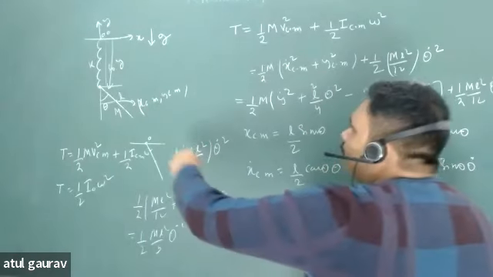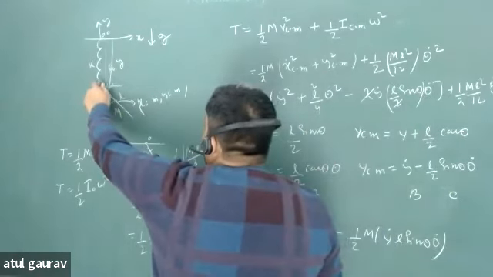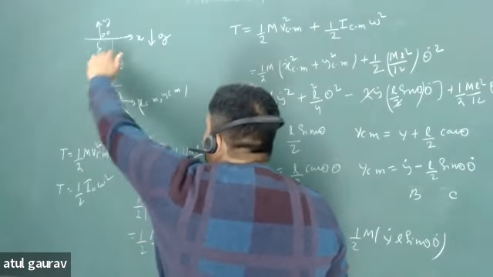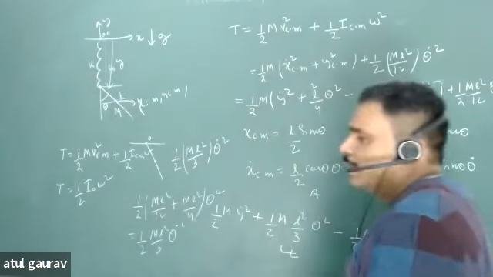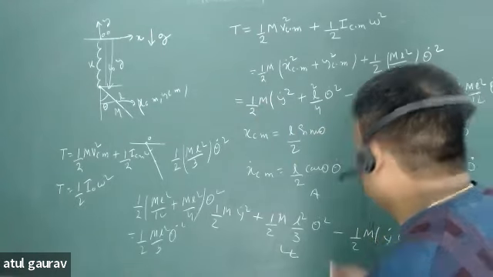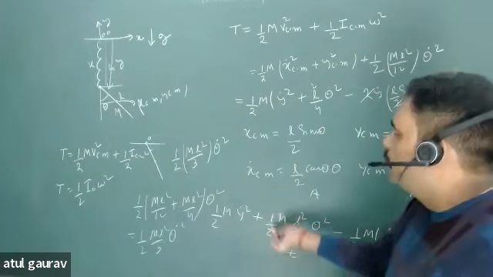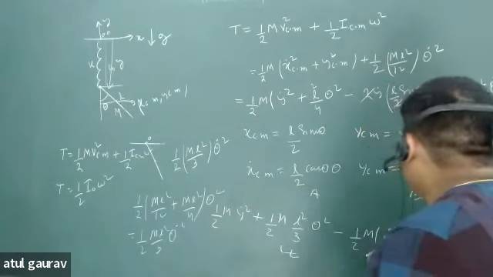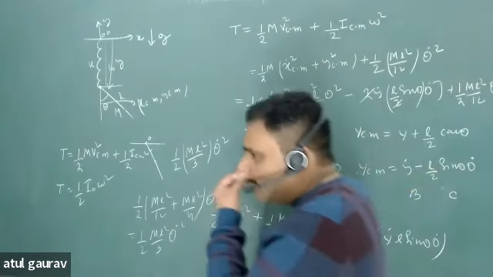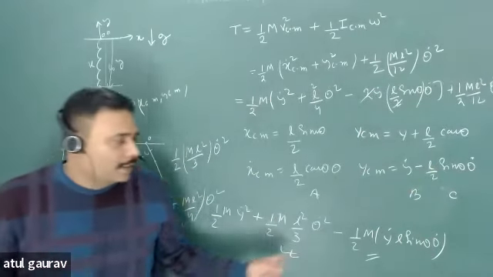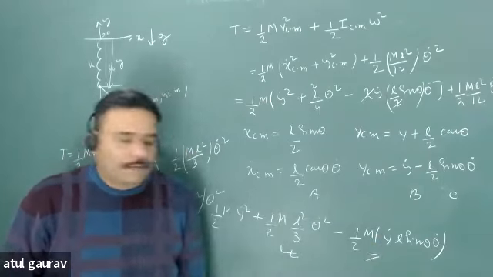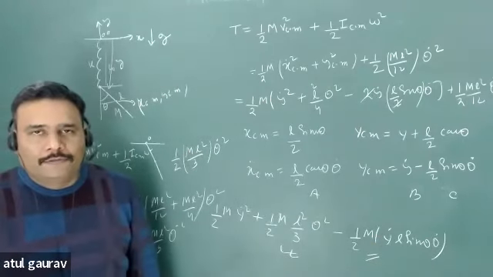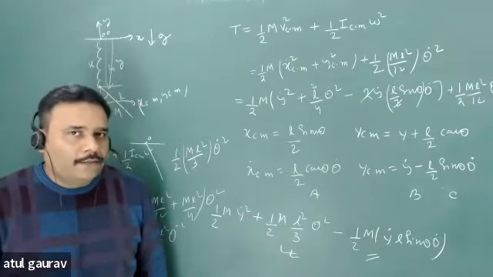But if you are going for this particular problem, then you cannot take the moment of inertia for pure rotation about this point, because this point is moving up and down. So if you take the pure rotation, you can take this one, it's okay. You can take this one also, but how will you get this one? There is some extra kinetic energy term for the center of mass. Are you getting my point?